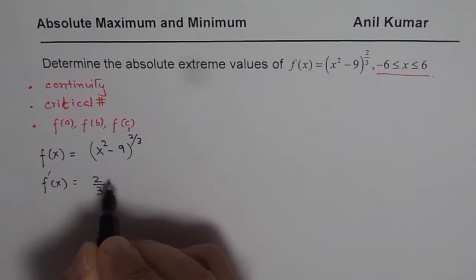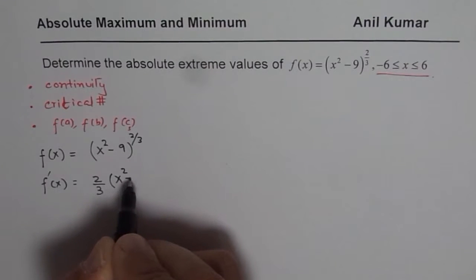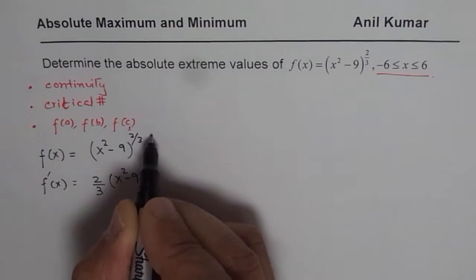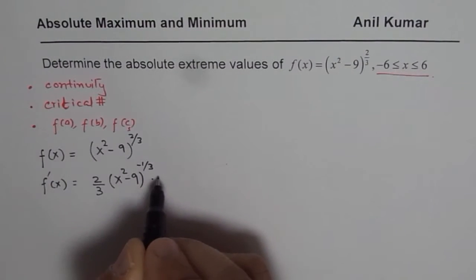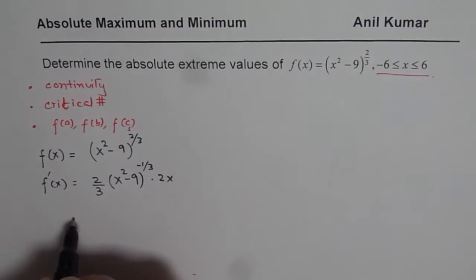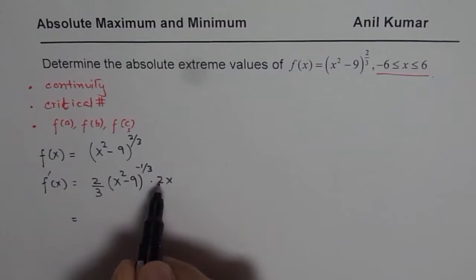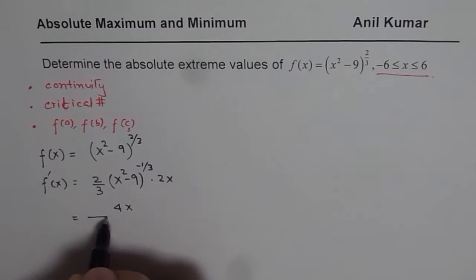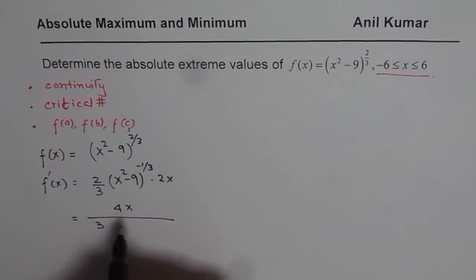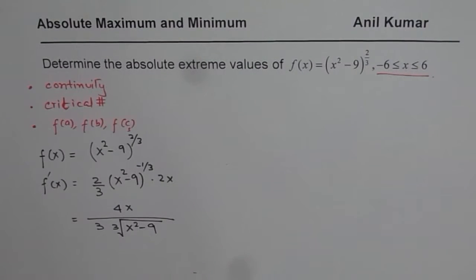So 2 over 3 times (x squared minus 9) to the power of 2 over 3 minus 1, which is minus 1 over 3, times 2x. We could write 2 times 2 is 4, so we have 4x in the numerator. Denominator will be 3 times cube root of x squared minus 9. So that is the derivative.